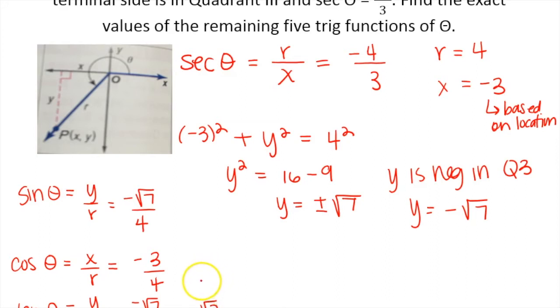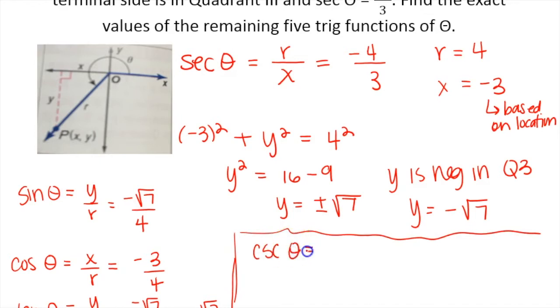And then we're going to find the inverses of each of those, where it gets a little bit trickier when we have that radical there. So for cosecant of theta, we have 4 over negative square root of 7. So I need to rationalize by multiplying by the square root of 7 on the top and the bottom.